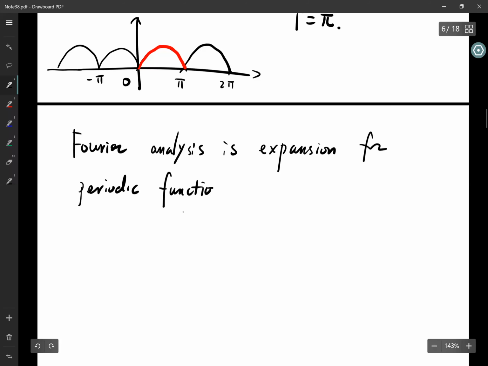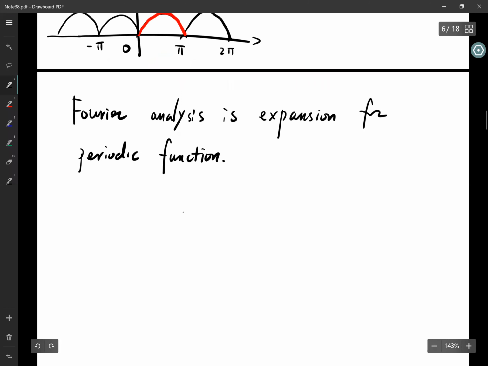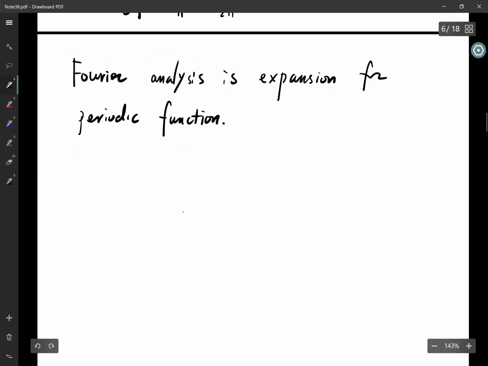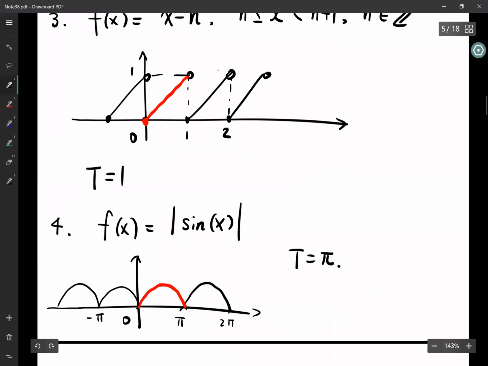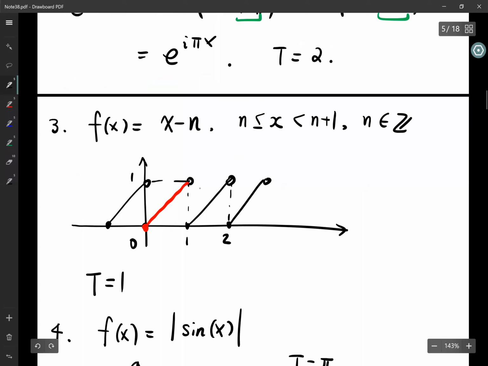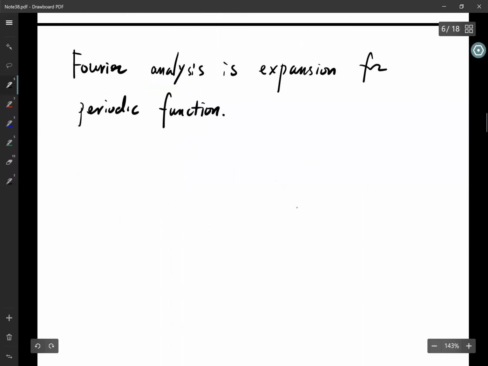You give me any periodic function, I'll be able to expand it to some extent using sines and cosines. Any function. Okay, it's a very strong statement. Even weird looking functions like these, I can expand using sines and cosines only. Especially this one. How would you use sines and cosines to do this? So this is what we're going to deal with.